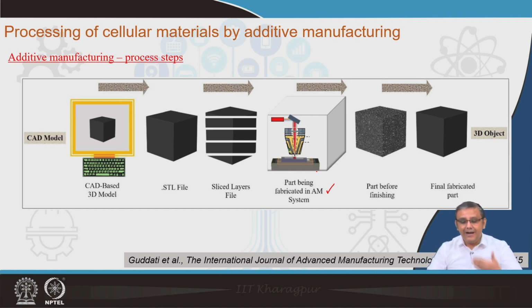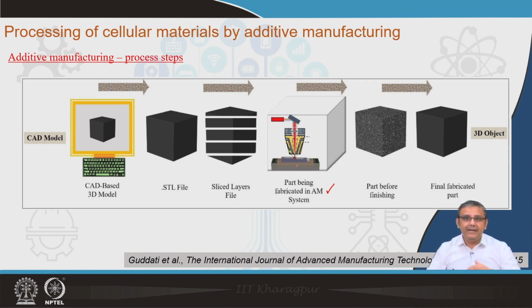That means in one process step the deposition is created, and after it is completed the platform moves down by the predefined thickness distance, and then the next layer of deposition is created. In this way the process continues until the final part is completed.